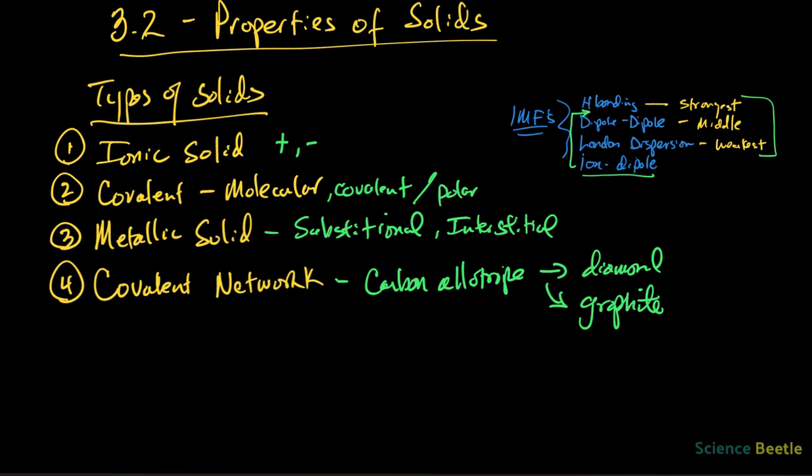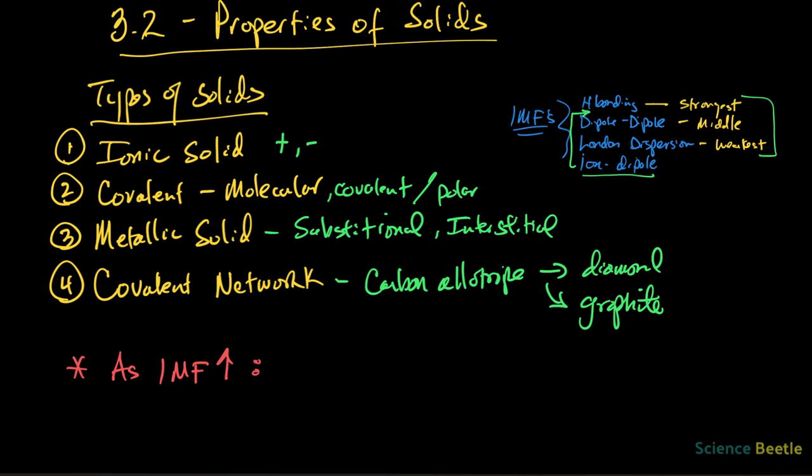And so a common thing about this particular section is that they're asking you which of these types of solids would have higher melting points or boiling points or things like that. So let's get into that a little bit, because one of the things we need to consider is how it plays out. Now, we did address this already briefly in 3.1, but I'll mention it one more time here. The key point is that as the intermolecular forces increase, this is going to have a proportional increase in various properties.